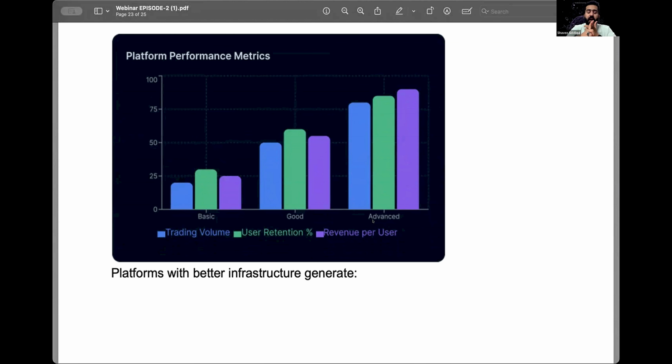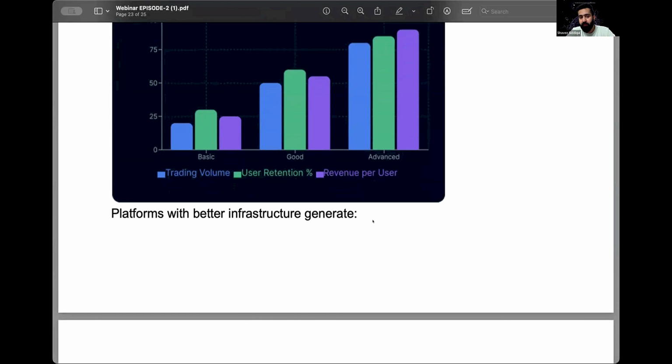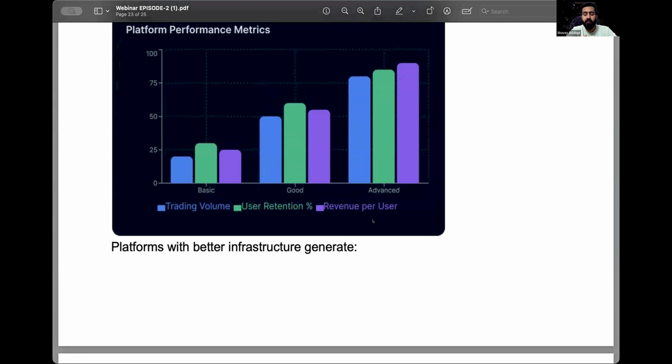An advanced level trading system, when it is successful, has large trading volume, a good user retention percentage, and a huge revenue per person, because users trade in volume and there is scalability in the system. So platforms with better infrastructure generate bigger revenue and retain users at a higher rate for a longer period of time, and there is huge trading volume.